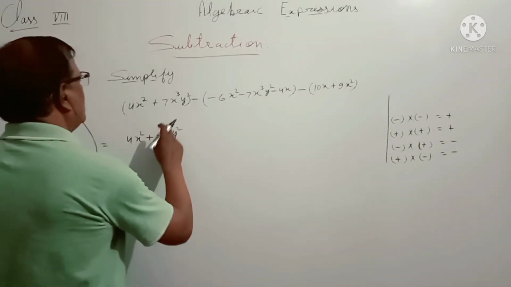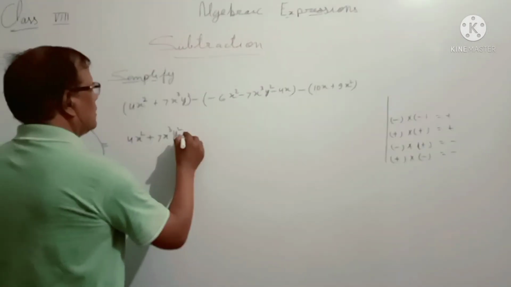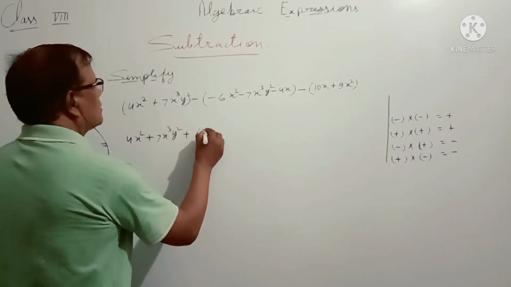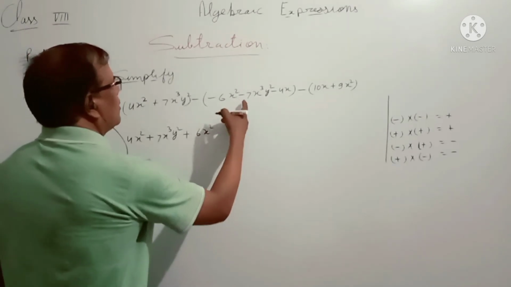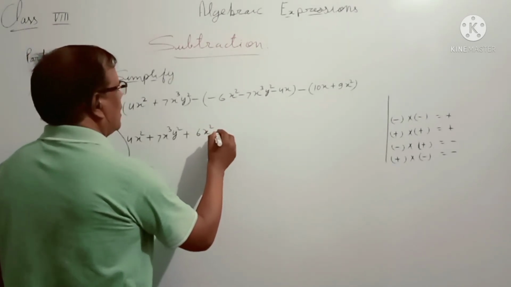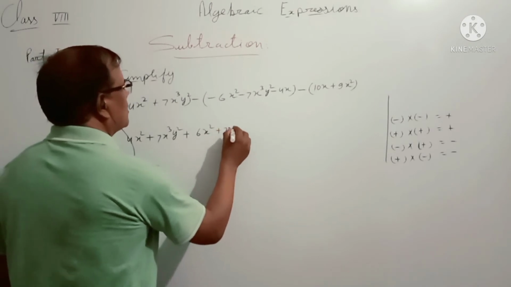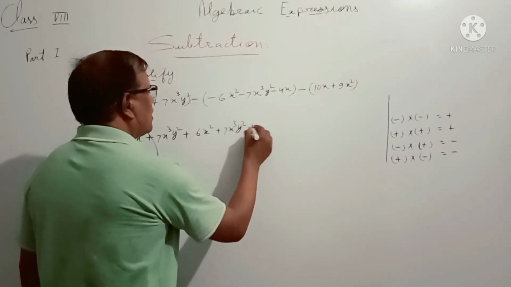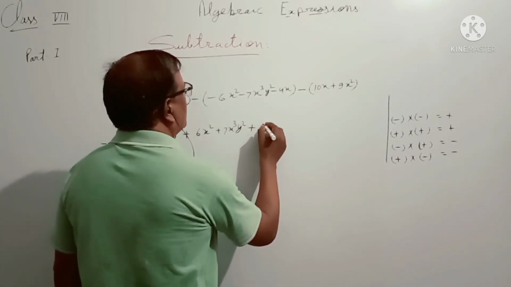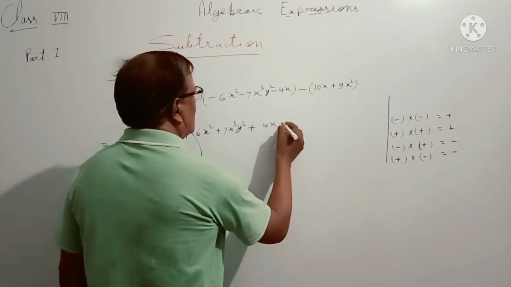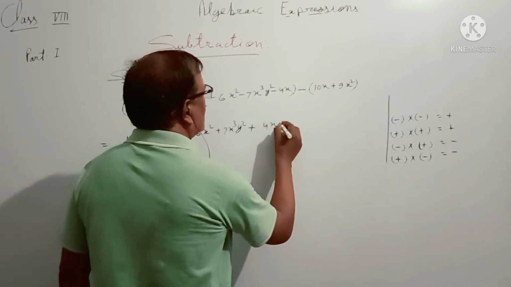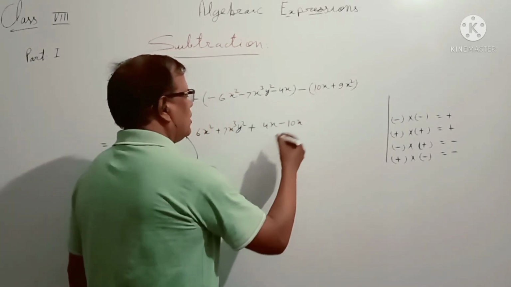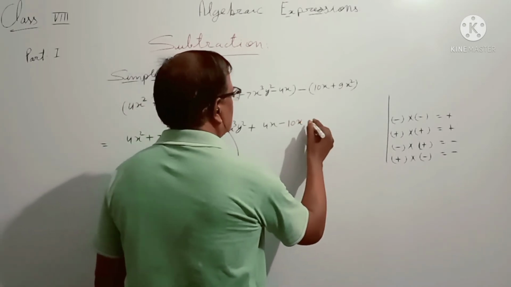Then we write the next terms: minus into minus will be plus 6x square. Now it is also minus into minus and it will be plus 7x cube y square. Now minus into minus will be plus, then it will be plus 4x. In the third term it is minus 10x, because first it is positive, we have broken the bracket, so we change the sign.